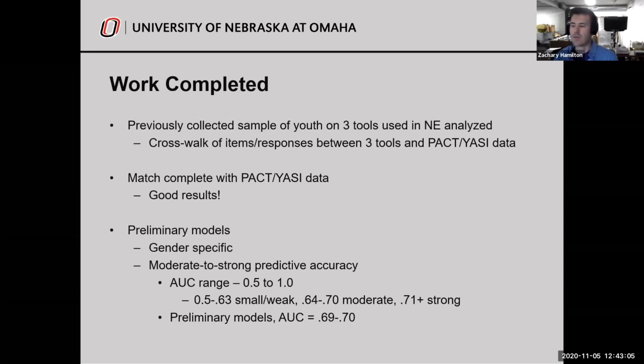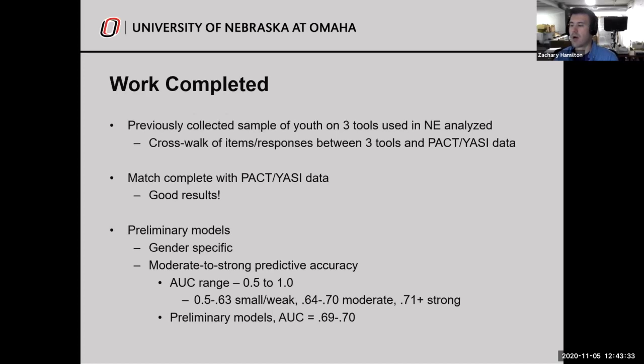Typically what you see of juvenile risk assessment tools, either in their development samples or where they're revalidated, you'll see them within the small to moderate range. So usually within the 0.6s is what you typically see, the low 0.6s. Our preliminary models for what we've created using your Nebraska proxy sample are identifying very high moderate to close to strong predictive strength.